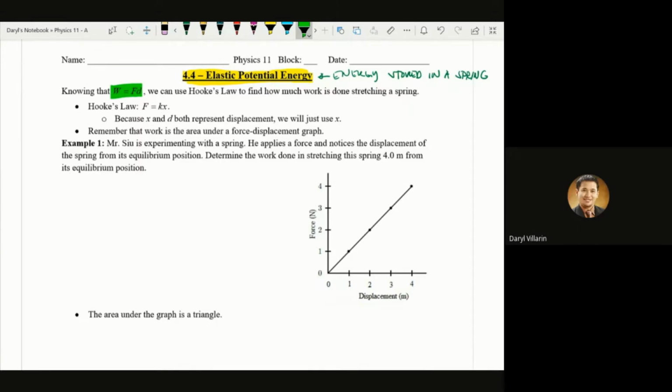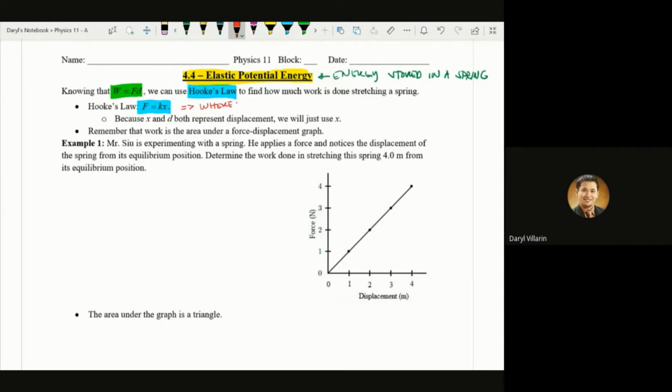And according to Hooke's law, which pertains to the forces in a spring, the magnitude of the force is given by F equals Kx.